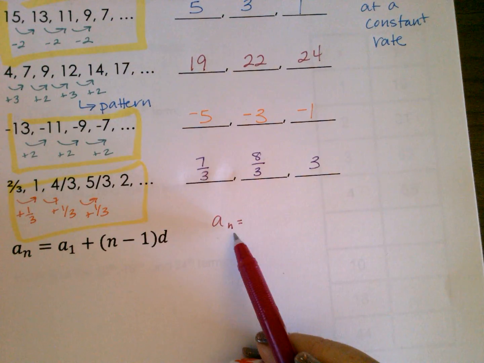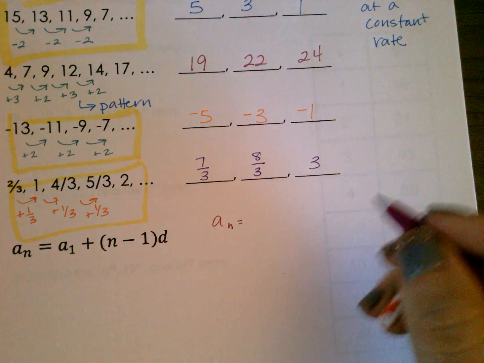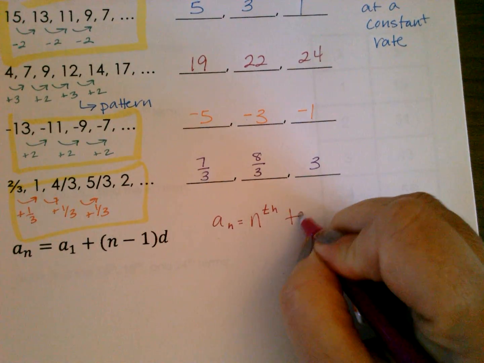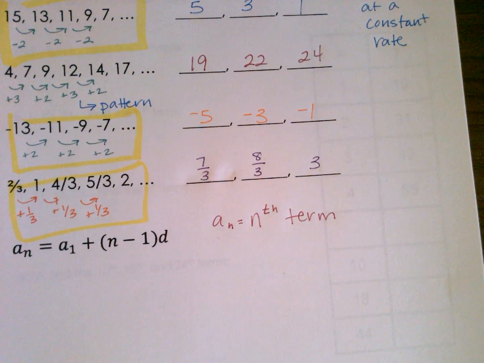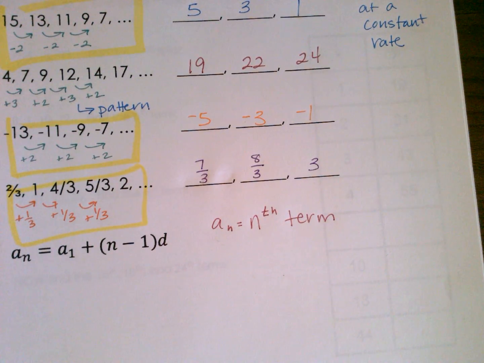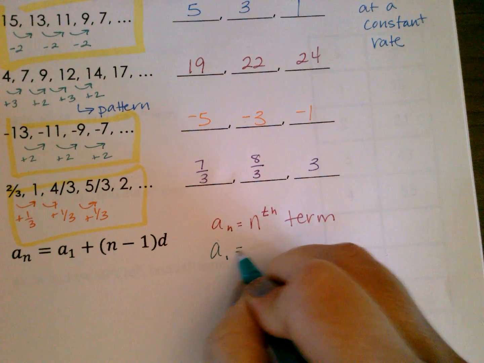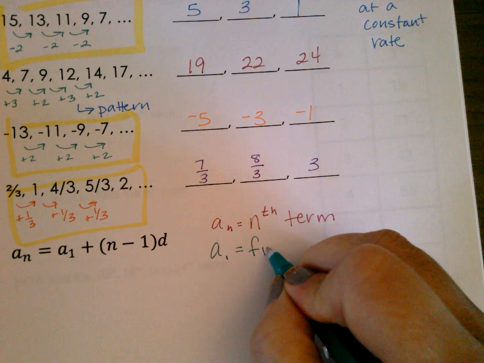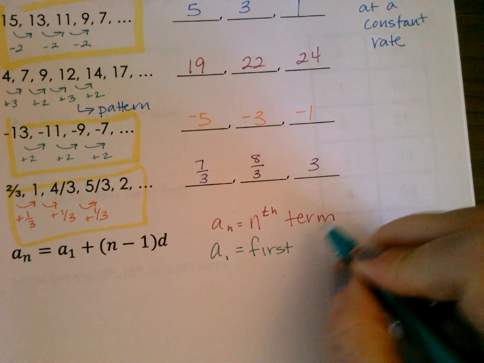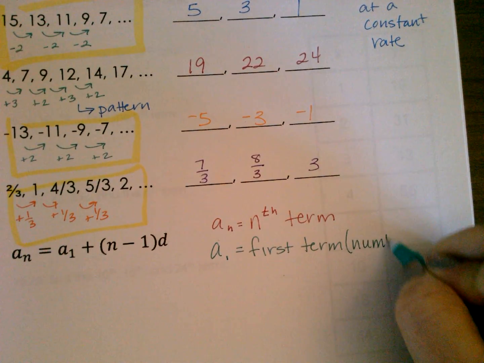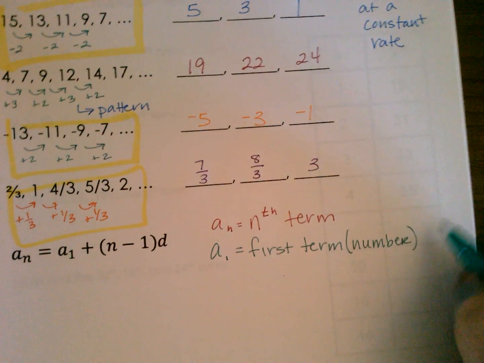A with a little n there describes the nth term. I'll explain what that means in just a moment. A with a little 1 will be the very first term, and by term I mean number, in a sequence.